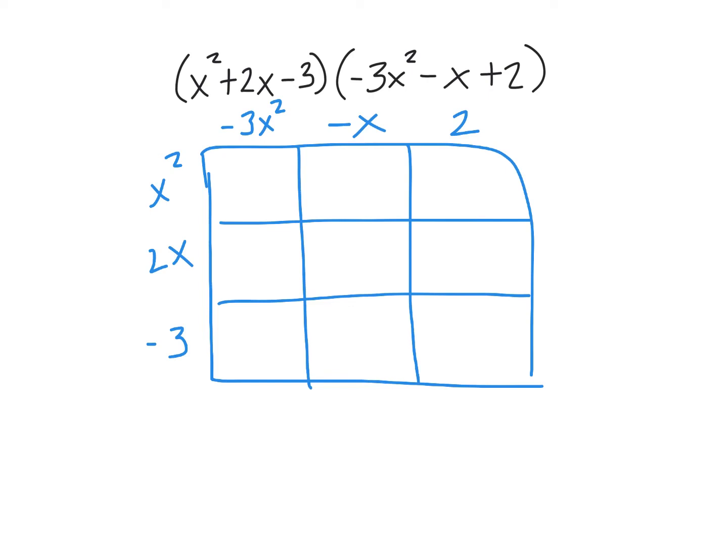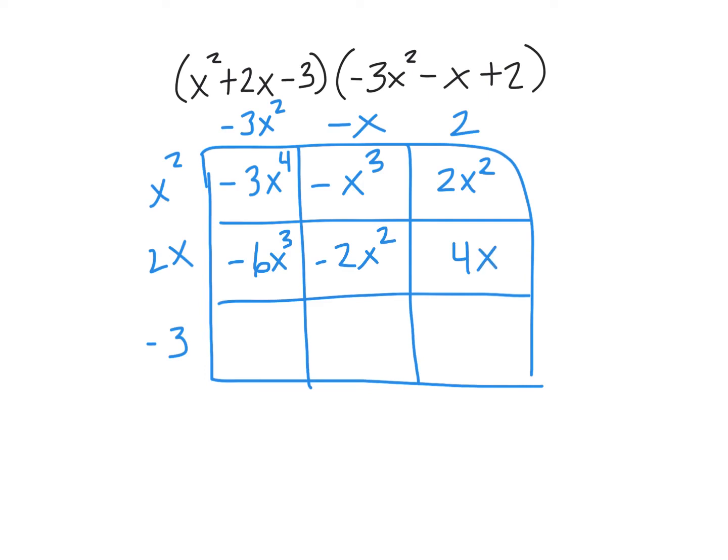X squared times negative 3x squared is negative 3x to the 4th. X squared times negative x is negative x cubed. X squared times 2 is 2x squared. We go to the next row. 2x times negative 3x squared is going to turn to negative 6x cubed. 2x times negative x gives you negative 2x squared. 2x times 2 is 4x.